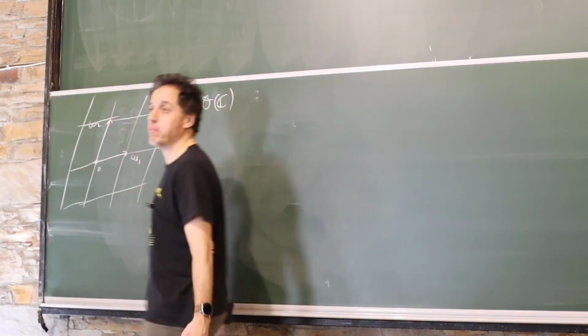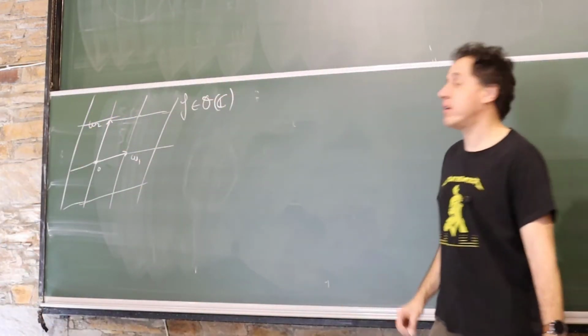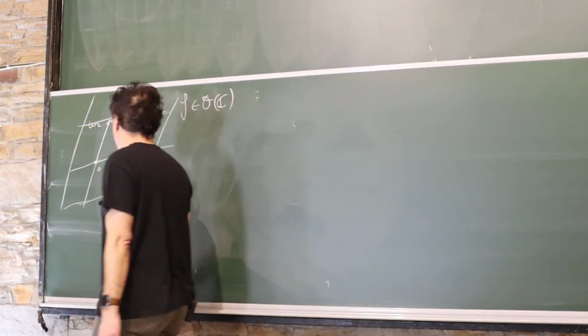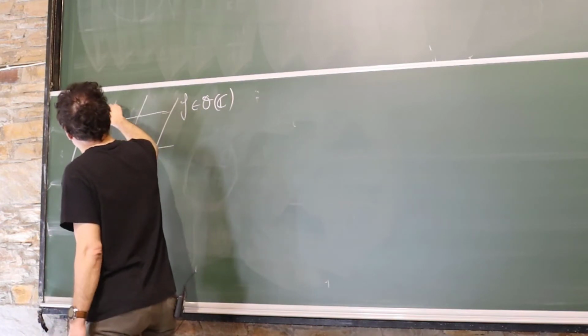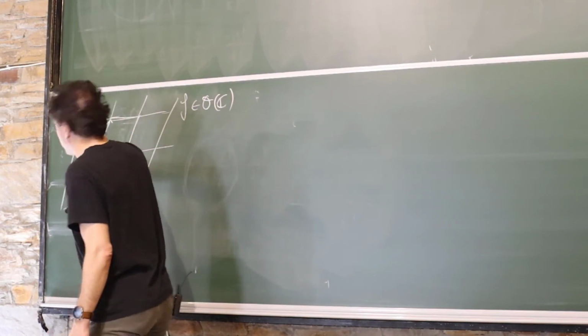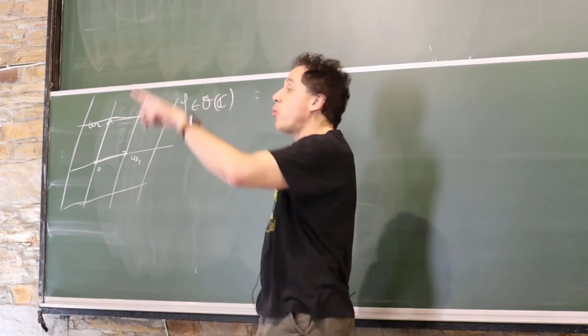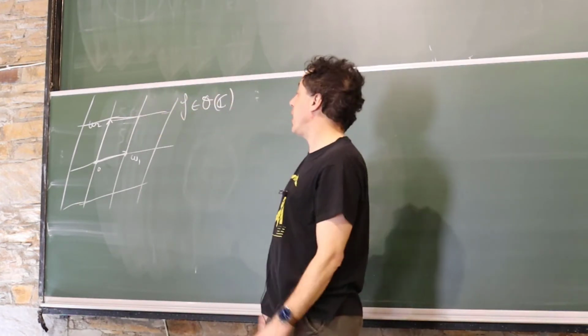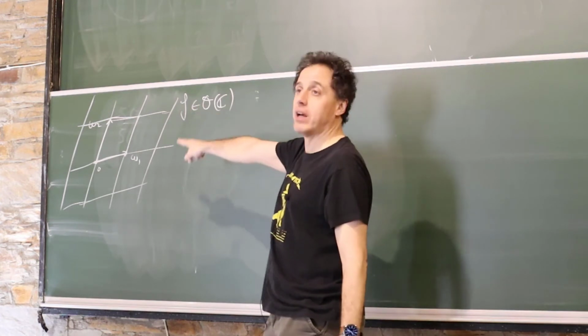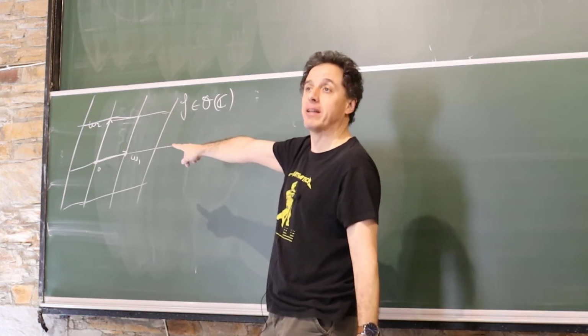Zero here. Okay. If the function is holomorphic and periodic, consider the closure of this parallelogram. This is a compact set, and everywhere the function assumes exactly the same values as in this compact set.